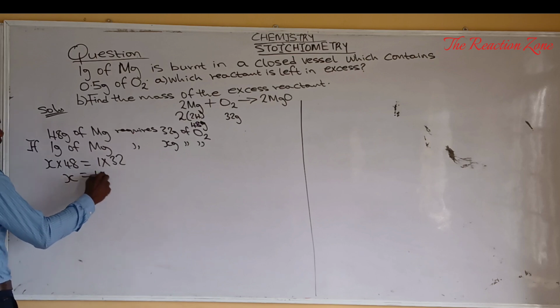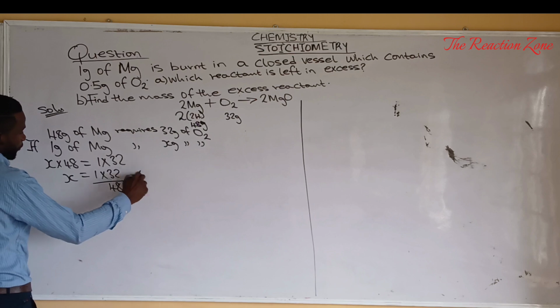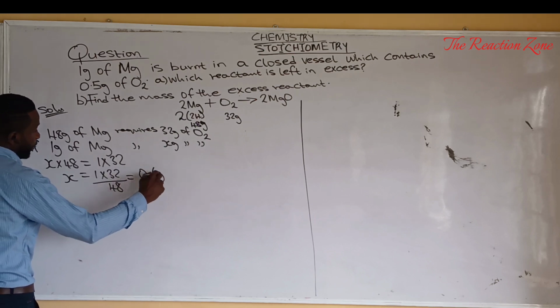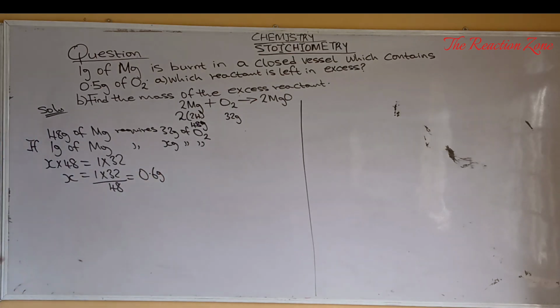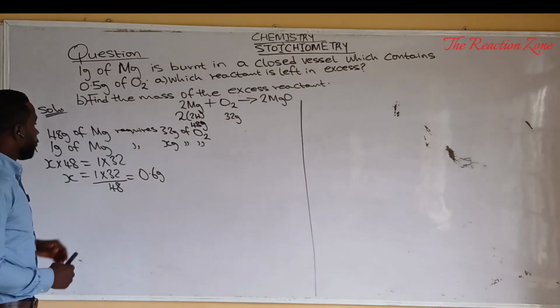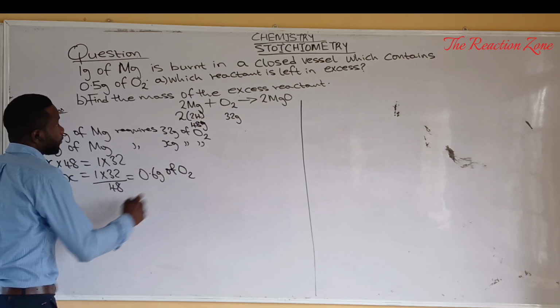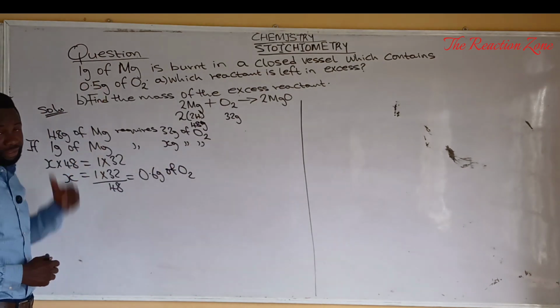X will be equal to 1 times 32 over 48, which will give us 0.6 grams. What this tells us is that 1 gram of magnesium will require 0.6 grams of oxygen to be completely burnt.